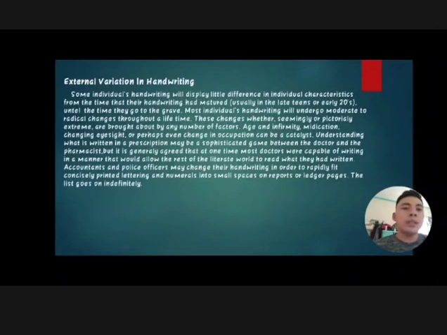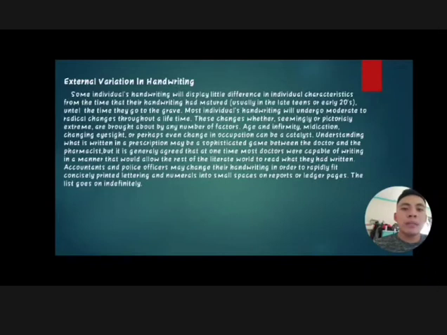These changes, whether seemingly or pictorially extreme, are brought about by any number of factors: age and infirmity, medication, changing eyesight, or perhaps even a change in occupation can be a catalyst. Understanding what is written in prescriptions may be a sophisticated game between the doctor and the pharmacist.